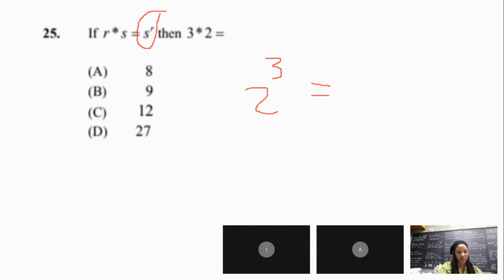So it's 2 to the third power, which is 8. Because the power tells you how many times you multiply the number by itself. So 2 to the third power doesn't mean 2 times 3. It means 2 times itself, 3 times: 2 times 2 times 2. All right, which is 8, and that is A.